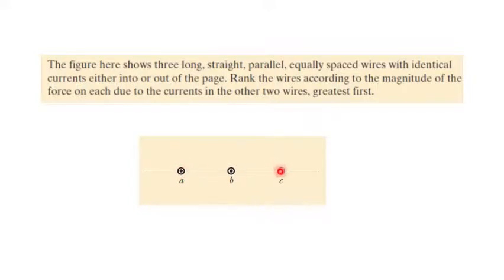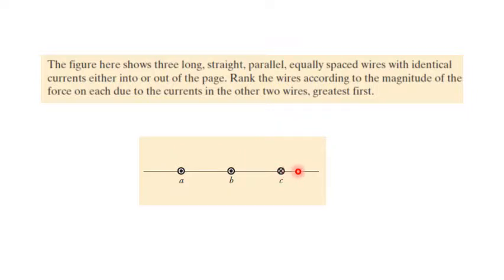Let us see what will be in C. In C, the force between B and C is repulsion, and it is proportional to 1 over D. And the force between C and A is repulsion too, so it would be in the same direction, but it is proportional to 1 over 2D.